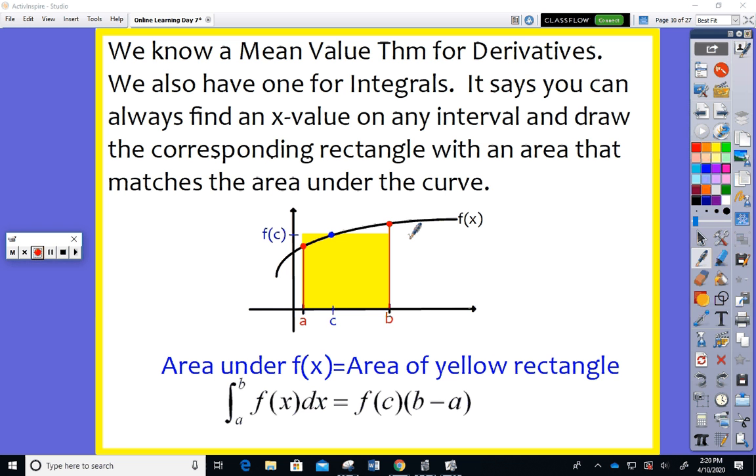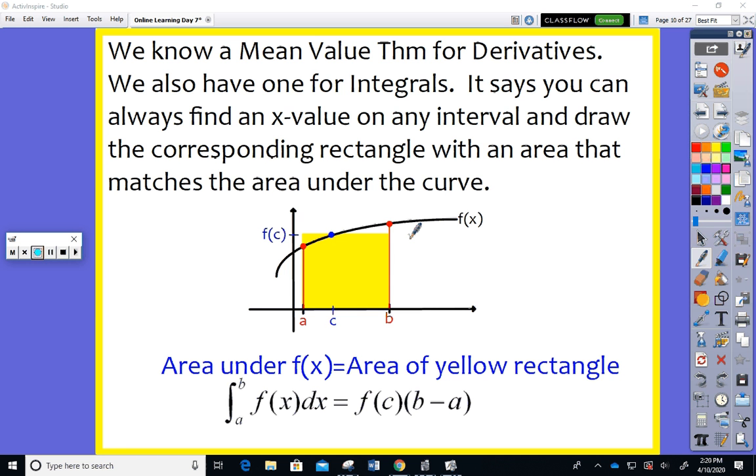Now there's also a mean value theorem for integrals, and that's what we're looking for now. So you're still looking at a continuous function f of x on an interval from a to b, and what we're looking for is another special x value, which we'll call c.